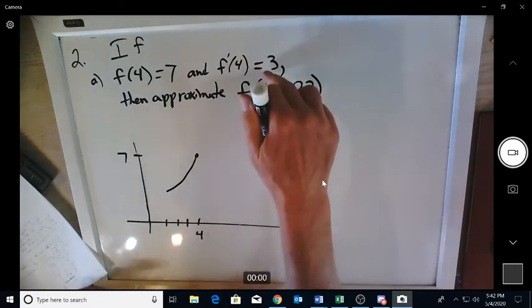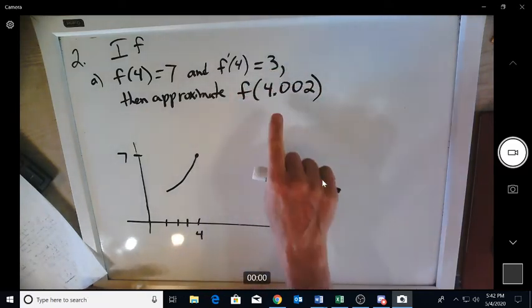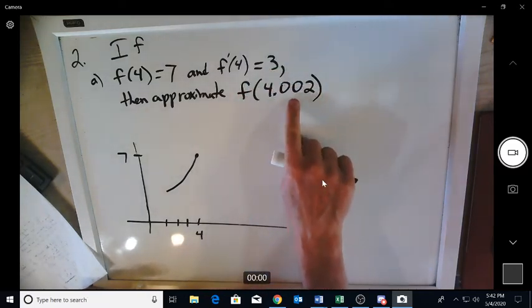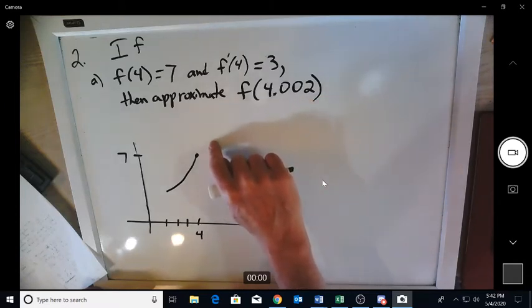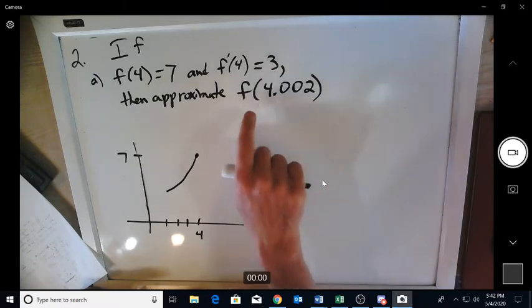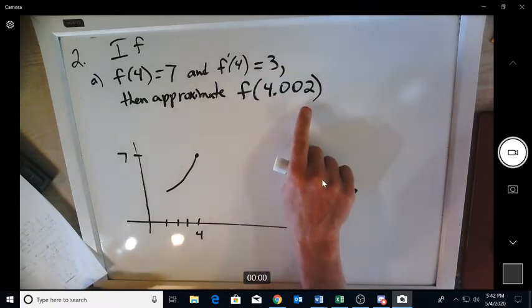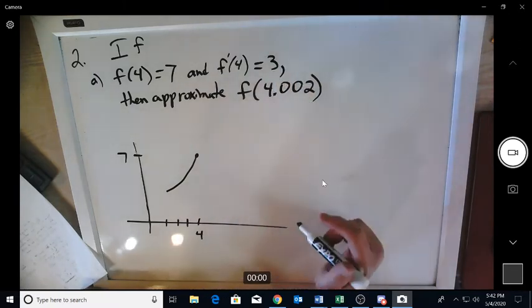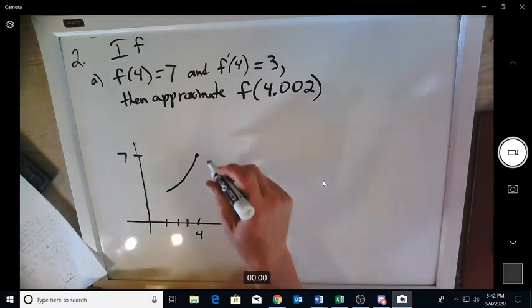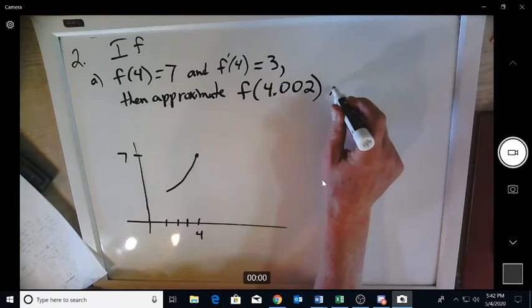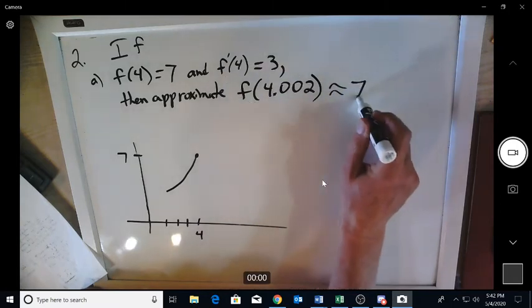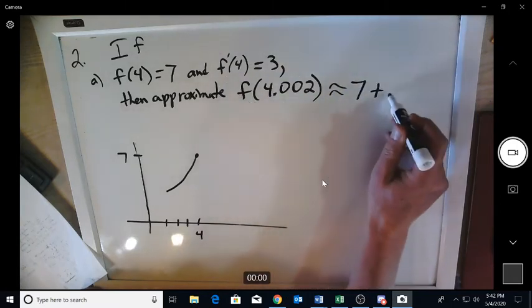Now, if this was 1, then every time it goes over 0.002, it would also go up 0.002. But since it's 3, the amount that it goes to the right, it's going to go up 3 times that amount.